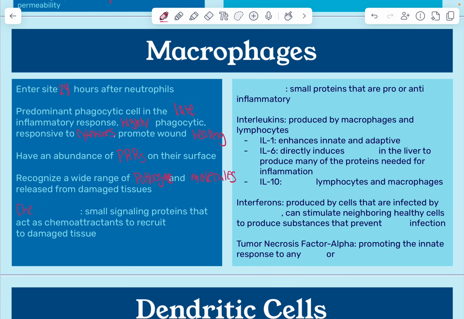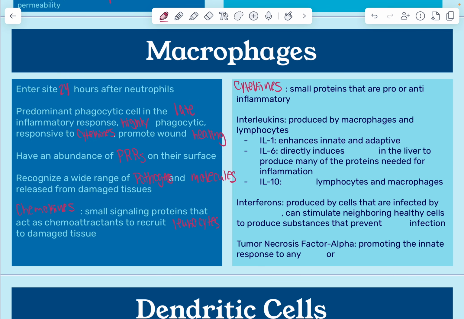They have chemokines on them, and these are small signaling proteins that act as chemoattractants to recruit leukocytes to those damaged tissues. They also have cytokines, and these are small proteins that are pro or anti-inflammatory. So you have interleukins, and these are produced by macrophages as well as lymphocytes.